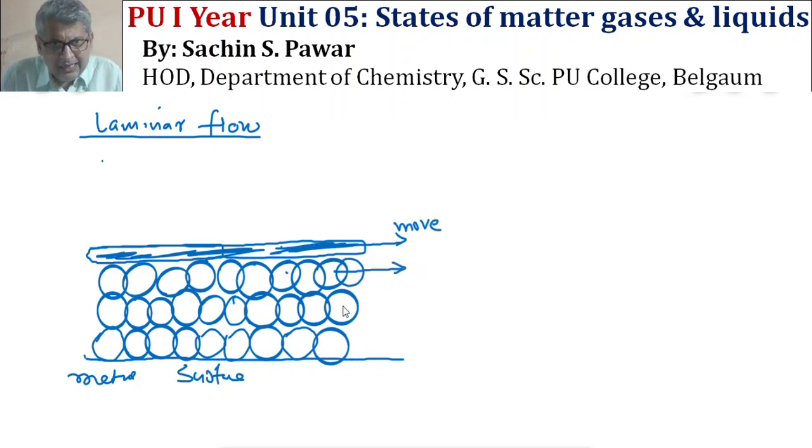Again below that also they are going to move, so the liquid particles in different layers will start moving. Suppose the velocity of this layer is v, then these will move faster because of the force of this wood.